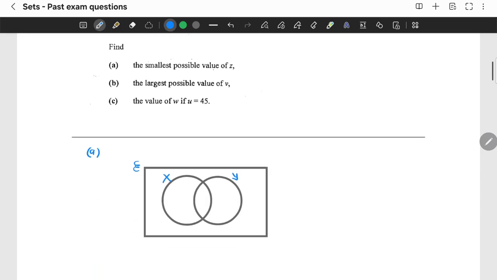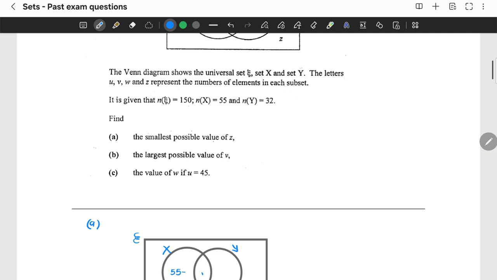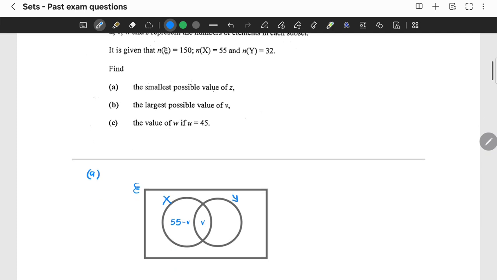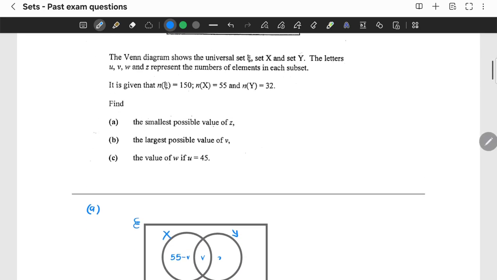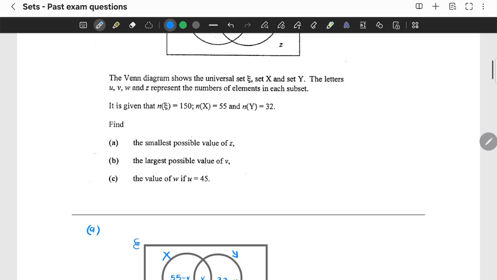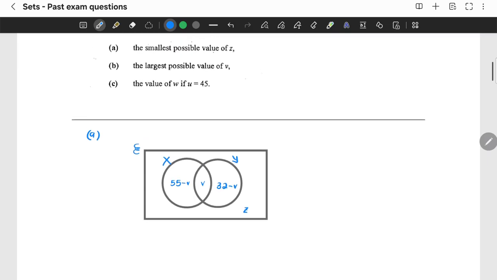We know that the number of x is 55, minus v, which is the intersection of x and y. And y will be 32 minus v, and then z is outside of this. Now we're being asked, what is the smallest possible value of z?